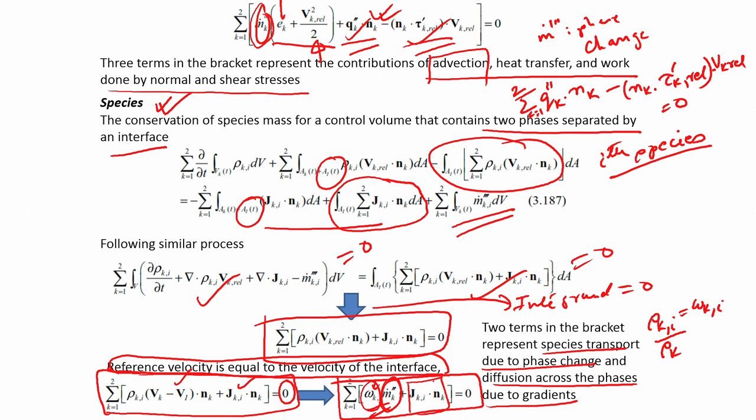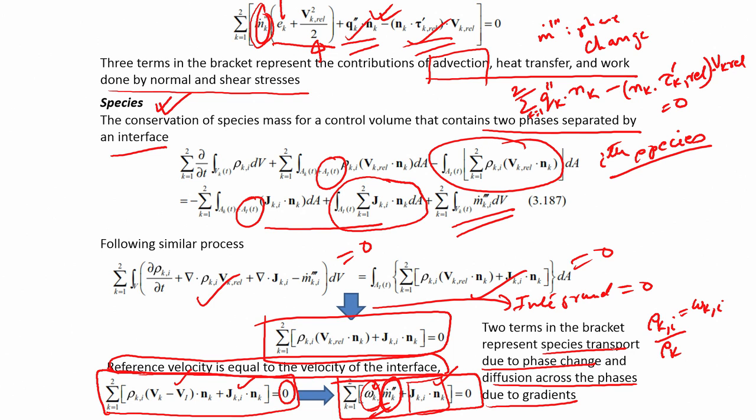So, there is a species transport due to the phase change, and there is also a species transport due to diffusion across the phases due to such gradients. Okay. So, this part should be clear now, that this is what we have for the species balance.